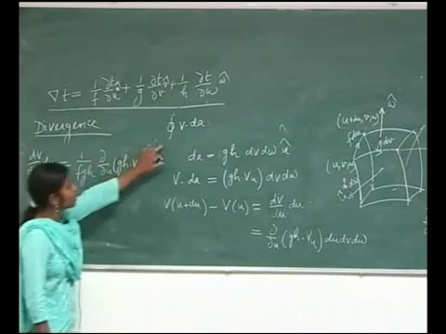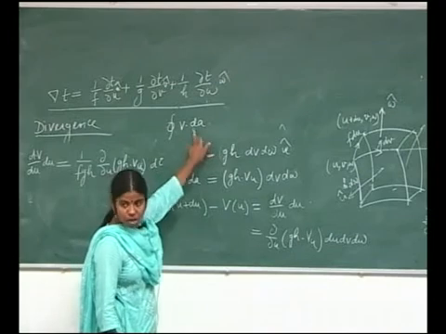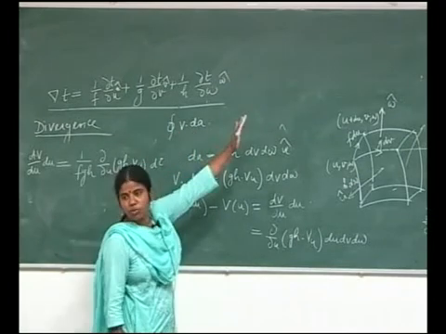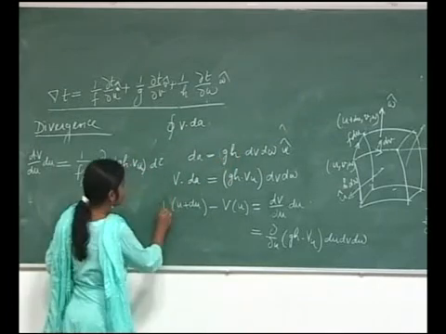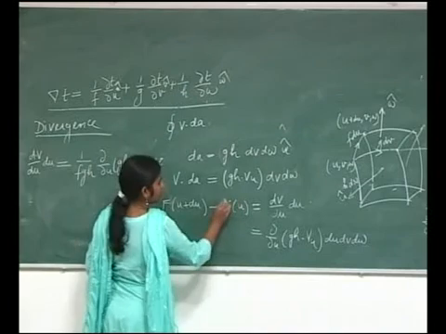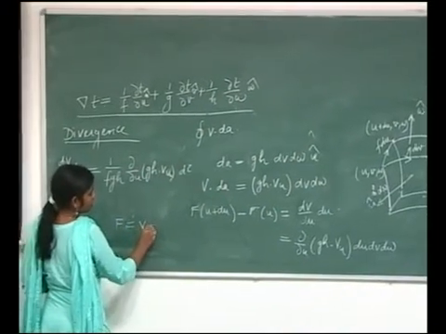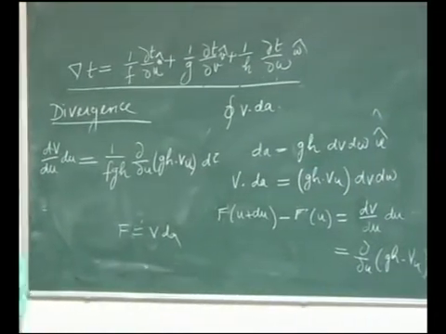So for calculating divergence, if I calculate the surface area, I can convert this surface integral into a volume integral. That is the reason. Now here you can consider this as a function f, and you can say that f is equal to v dot dA. It could be anything.